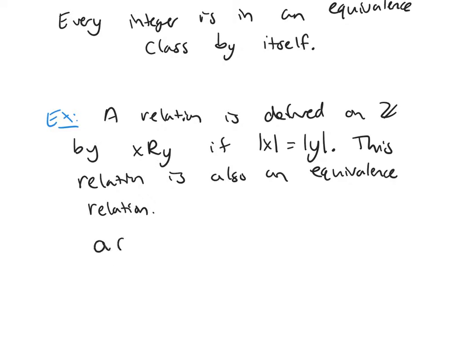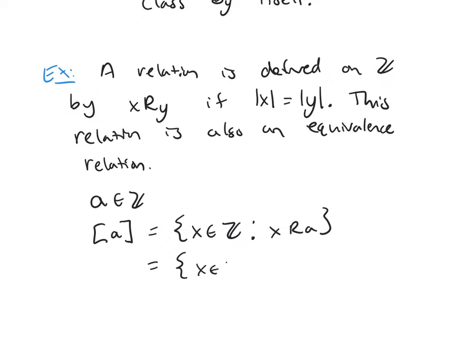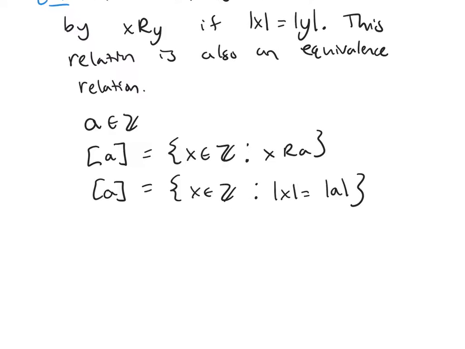So if I take an A in my integers, let's look at the equivalence class of A. So remember that this is the set of all X in Z where X is related to A. So this is the set of all X in Z where the absolute value of X equals the absolute value of A. And so now there's two different possibilities.